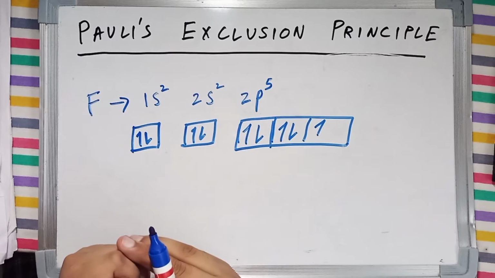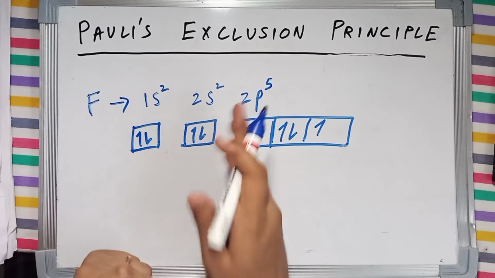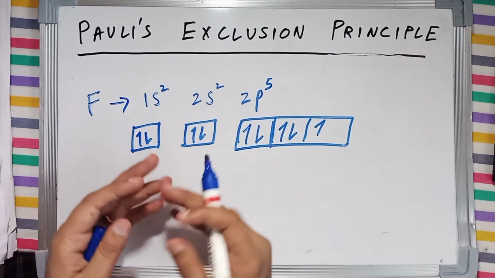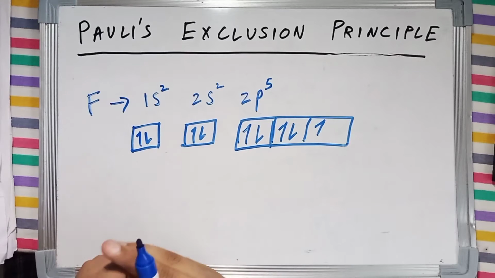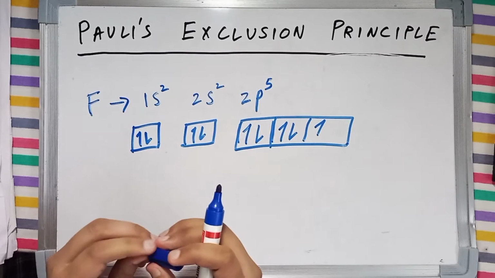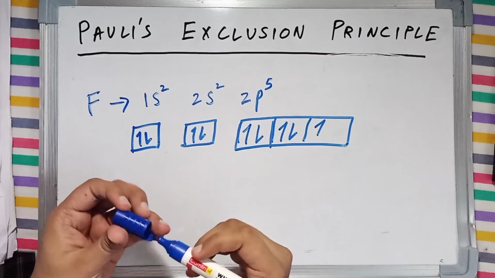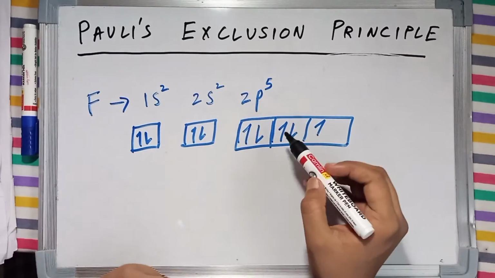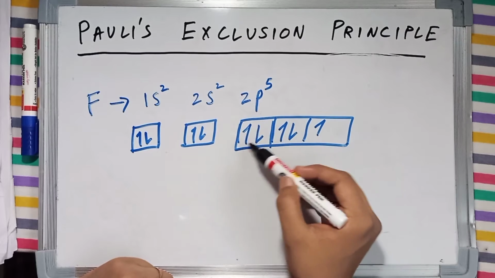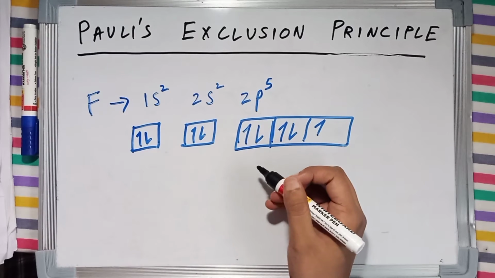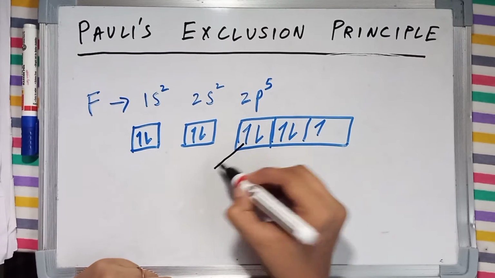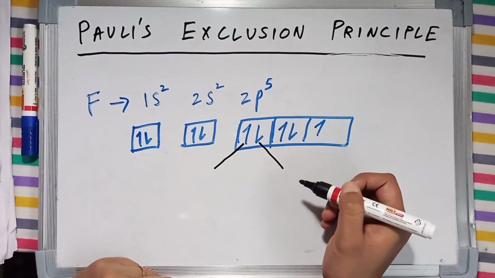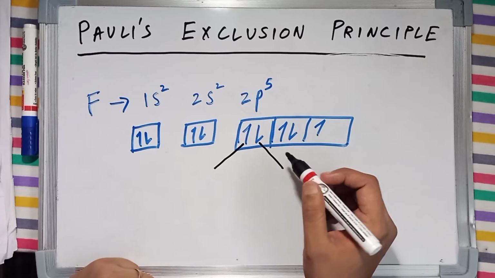Now Pauli's exclusion principle stated that in an atom no two electrons can have the same value of all the four quantum numbers. So let's check the quantum numbers of these two electrons. Okay, so this and this. What is the value of n here?